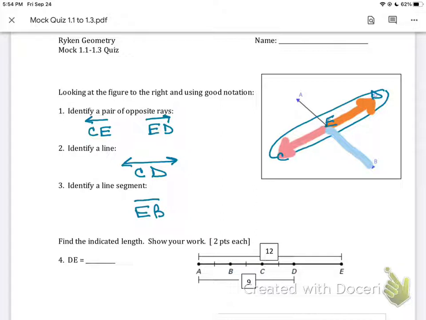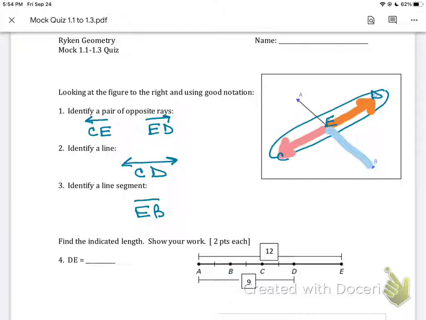So these notations are very precise. Rays look like rays above the letters. A line looks like a line above the 2 letters. And a line segment looks like a line segment above the 2 letters. Notice there's only 2 letters for each.